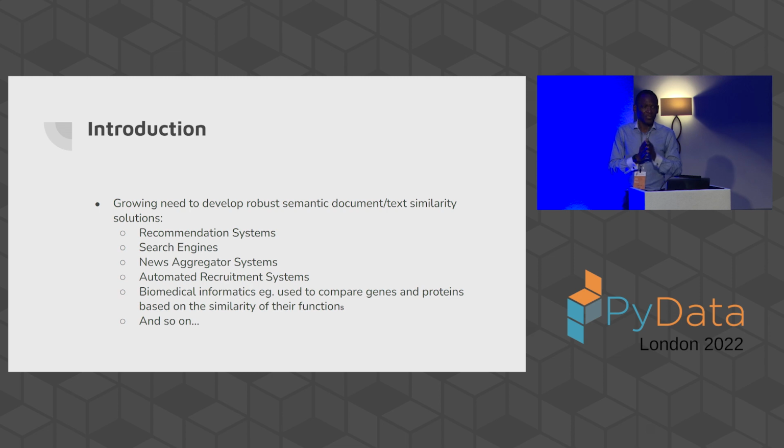Search engines involve a lot of semantic text similarity. News aggregators use this technology as well. And as I said earlier, automated recruitment systems: being able to compare text is a precursor to being able to build a recruitment system.